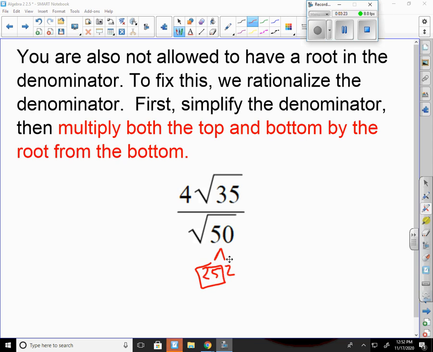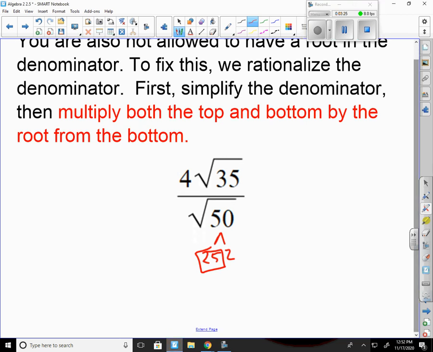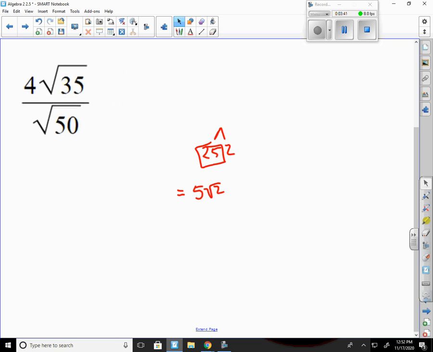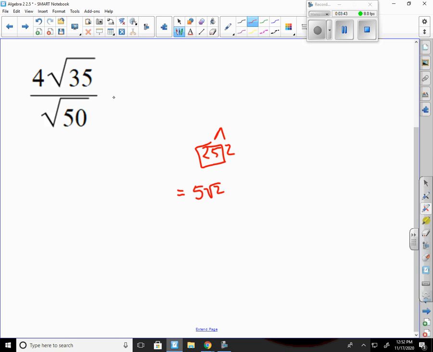So the square root of 50 is really just 5 square roots of 2. So once I know that, I can replace this square root of 50 with 5 square roots of 2. So 4 root 35 still over 5 square roots of 2.